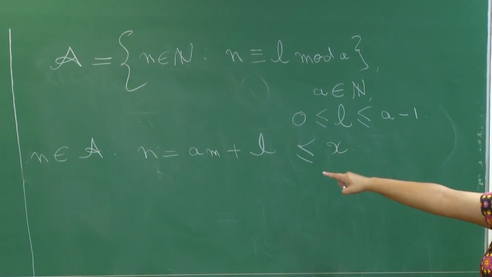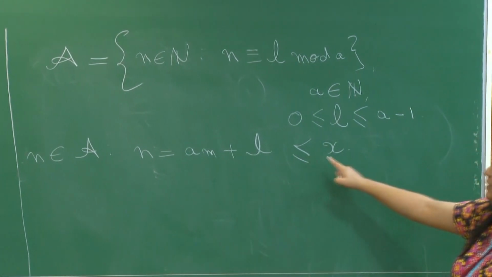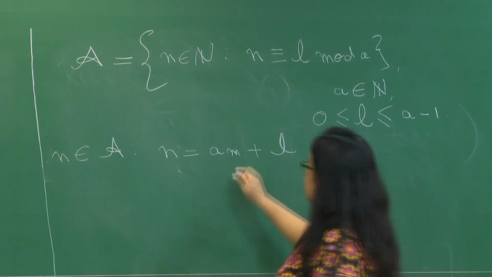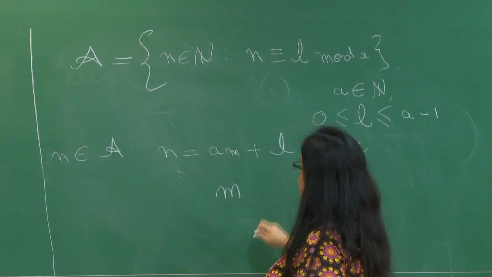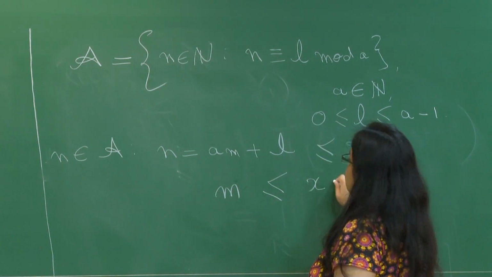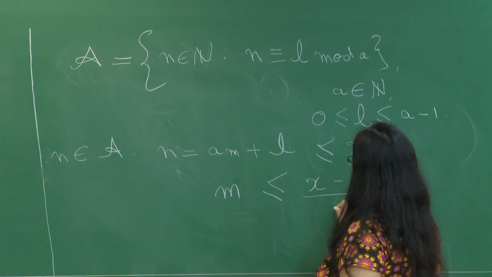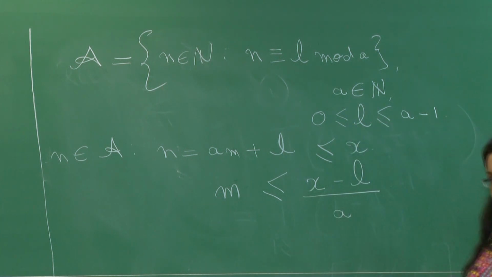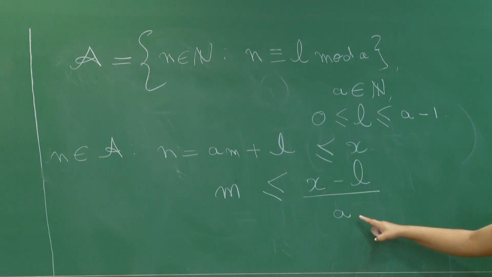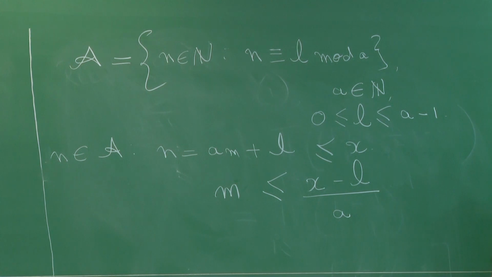So, we are counting all possible n which can be written in this way up to x. In other words, we are going over all the m less than or equal to x minus L over A, which, by now we all know, is just x minus L by A plus O of 1.